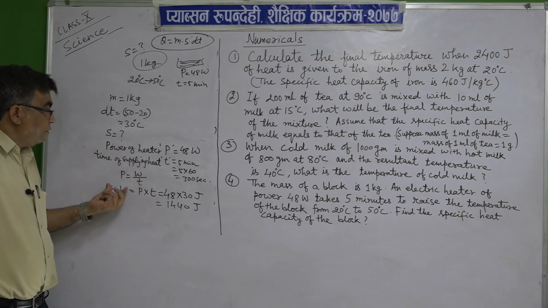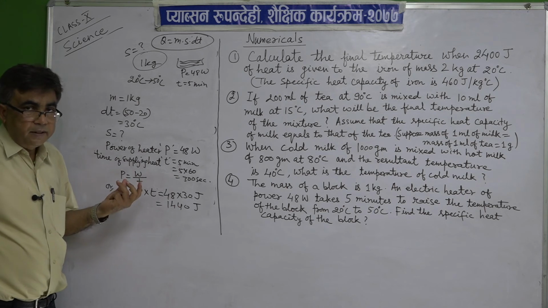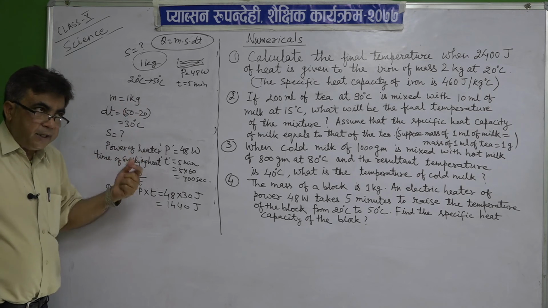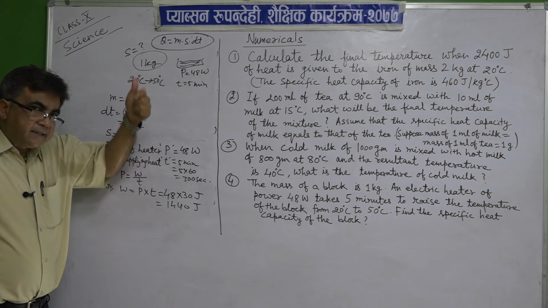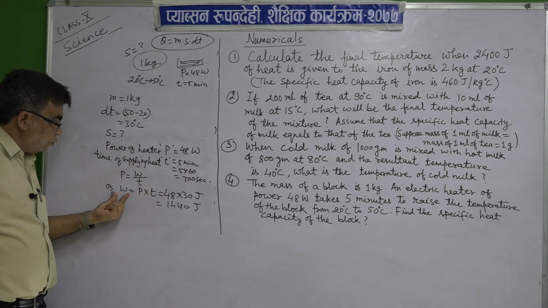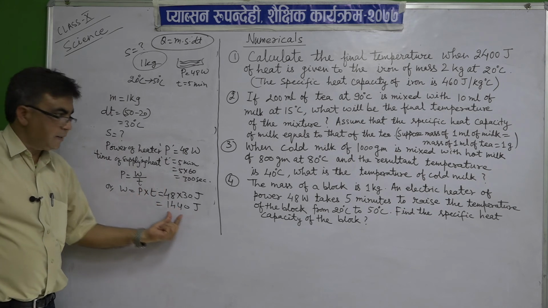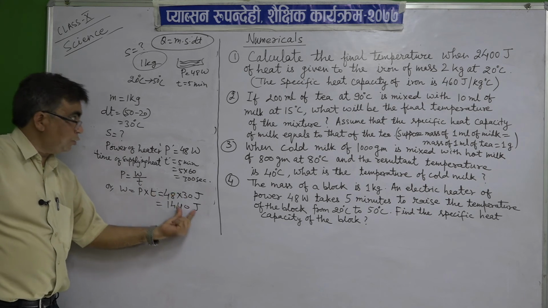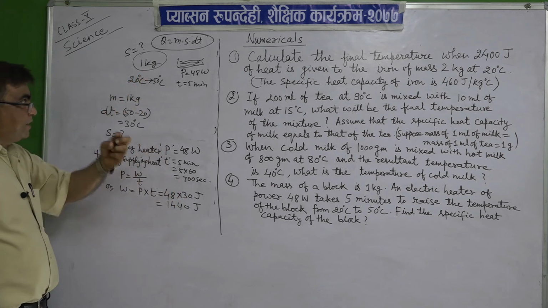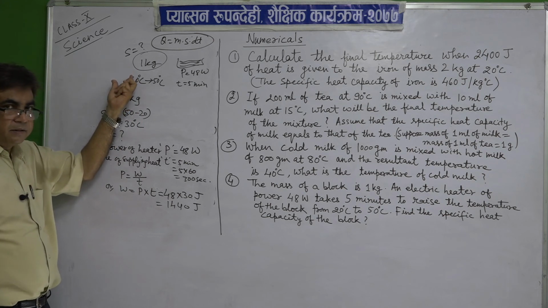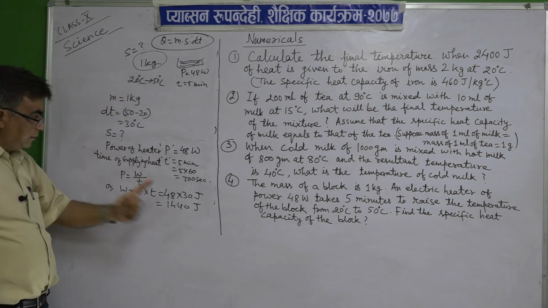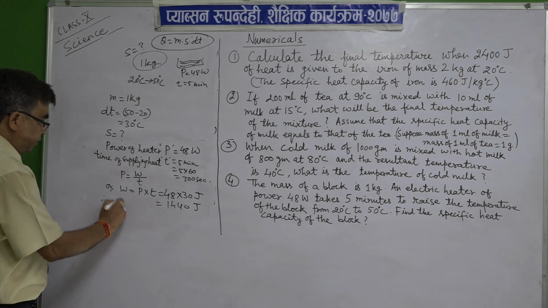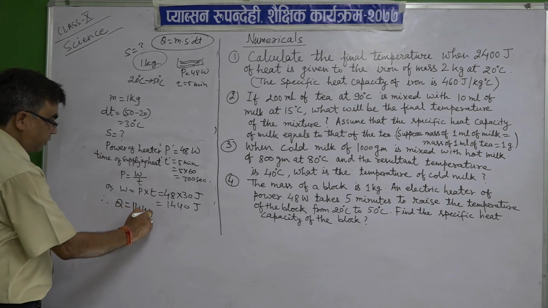What work does the heater actually do? The heater is converting electrical energy into heat energy. So work has come 14400 joules, means this heater has supplied 14400 joules to this block. So that means the block has gained this much joules of heat. Clear? So therefore Q equals 14400 joules.